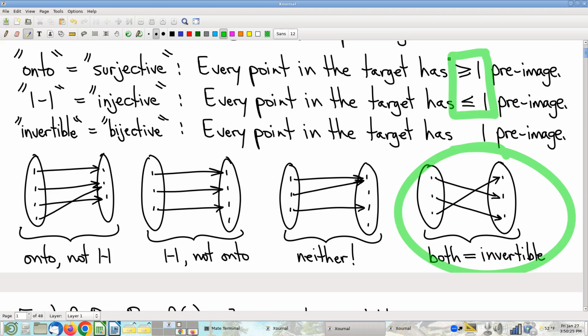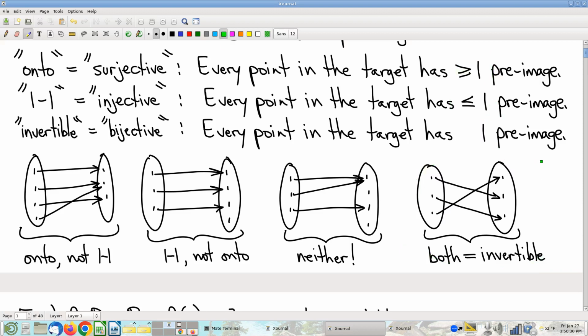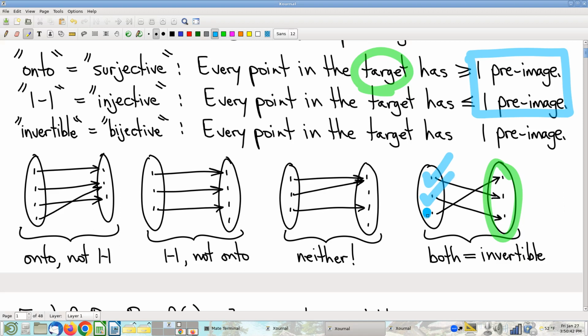And when every point in the target has exactly 1 preimage, that means you always get exactly 1 value there. You can think of these values as being the values of the inverse function.